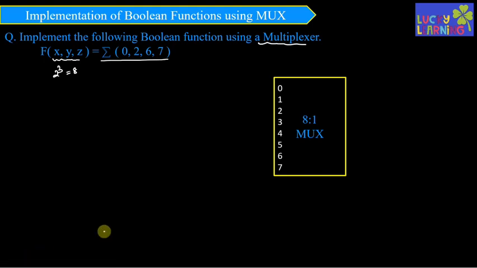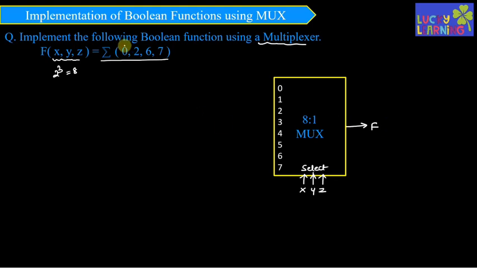In this 8 by 1 multiplexer, the function variables x, y, z are connected as select inputs to the multiplexer. So these select inputs are going to select one of the data inputs and redirect it to the output, which represents the function.